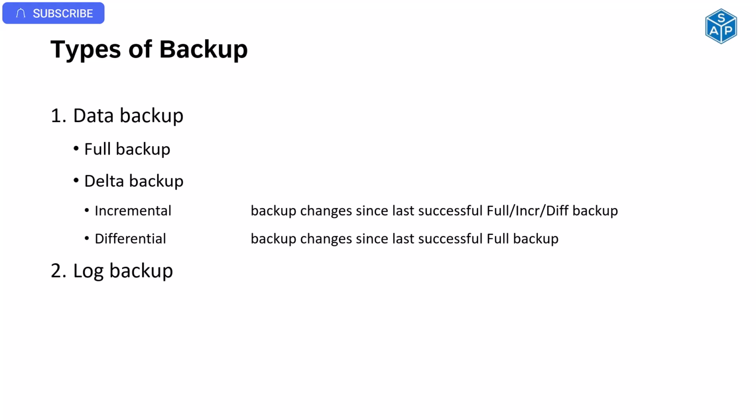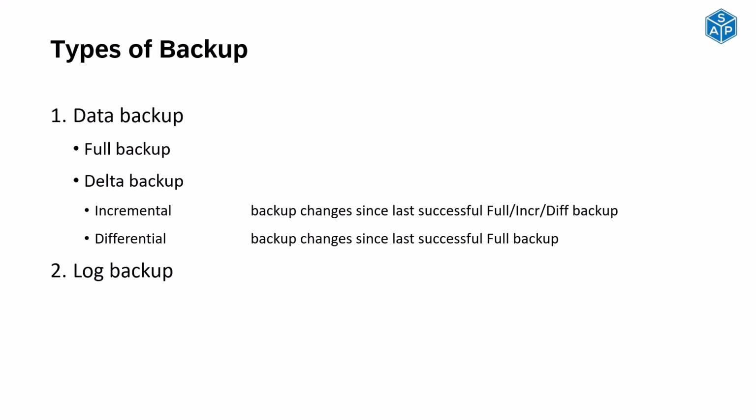There's no difference in technical terms, only a little difference in the naming convention. In any backup there are two types of backup: the data backup and the log backup. In HANA also you have two backups: the data backup and the log backup. In the data backup, there is a little bifurcation. Here it is full backup and delta backup. In any other database backups you don't find the term delta backup.